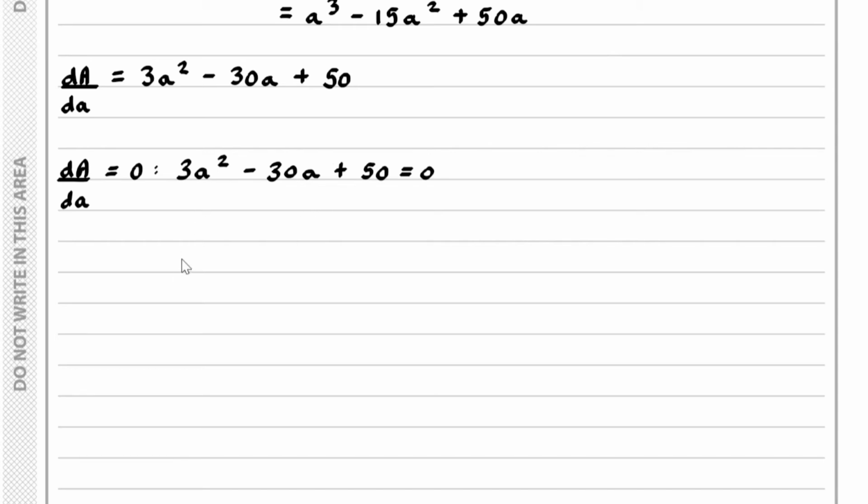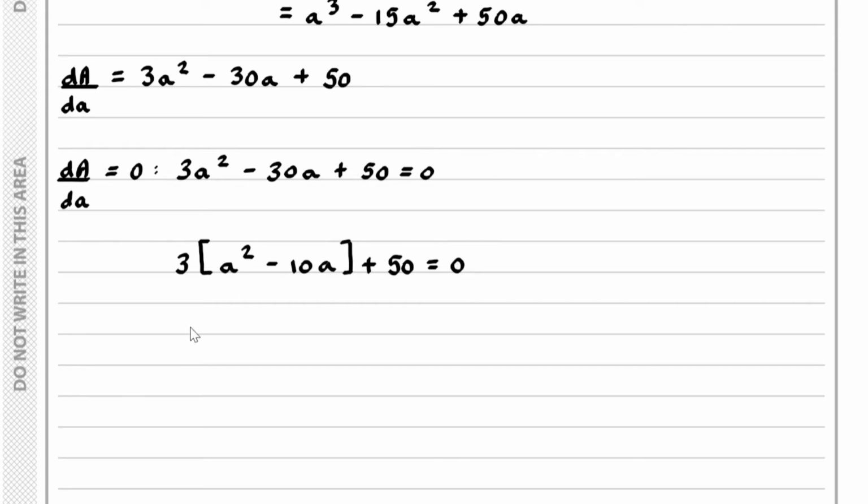And if we complete the square, we have 3 multiplied by a squared subtract 10a plus 50 equals 0.